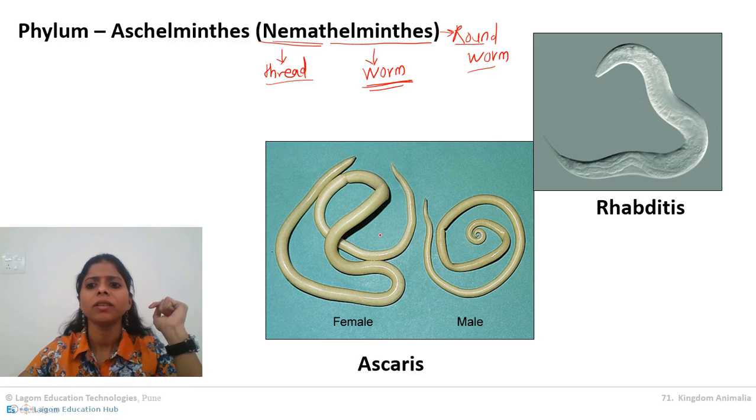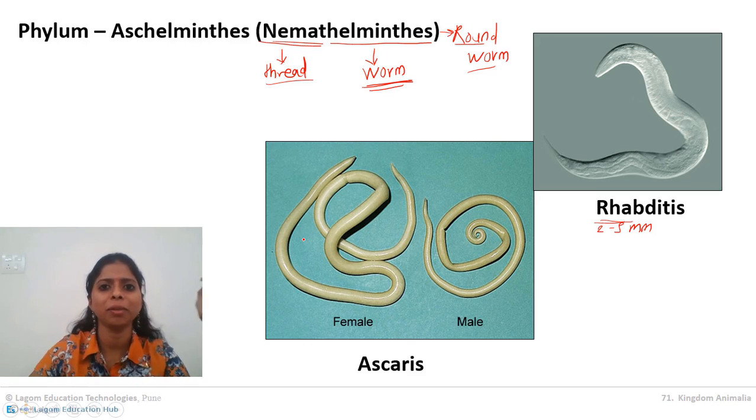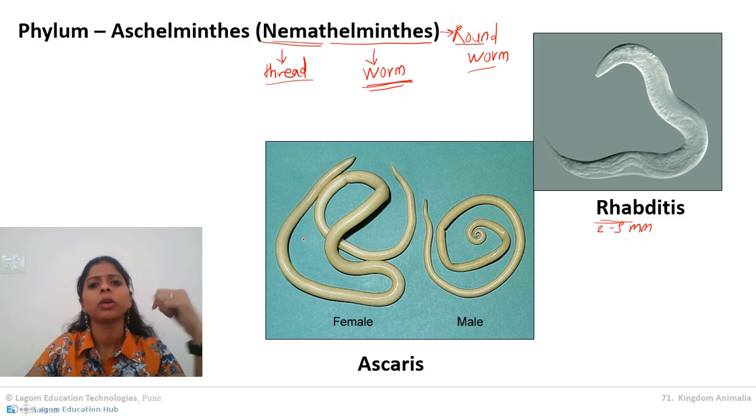Rhabditis, for example, is very small, like 2 to 3 mm in length. On the other hand, Ascaris is one example which grows up to a few centimeters. A few of them grow to a few centimeters, but most of them are very small animals.